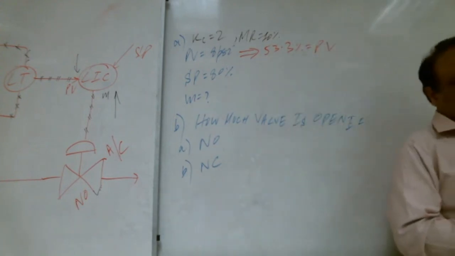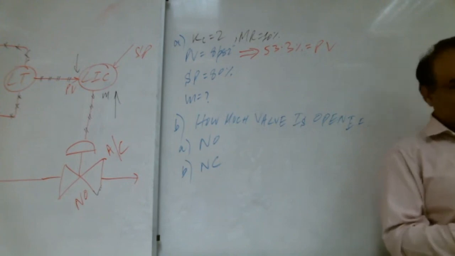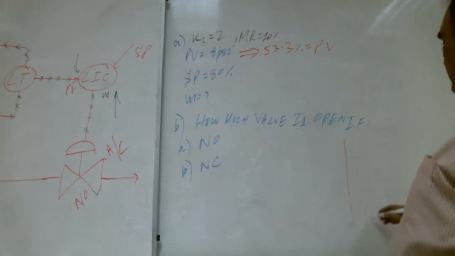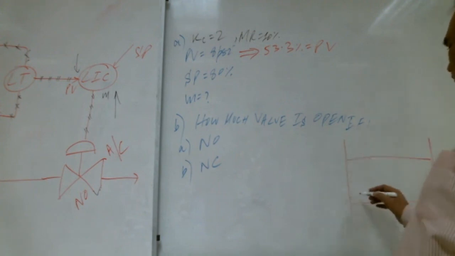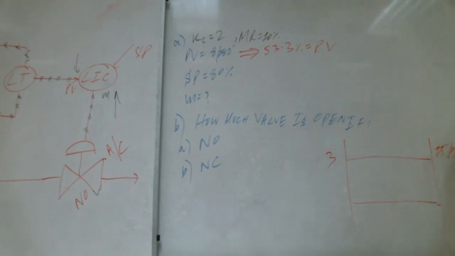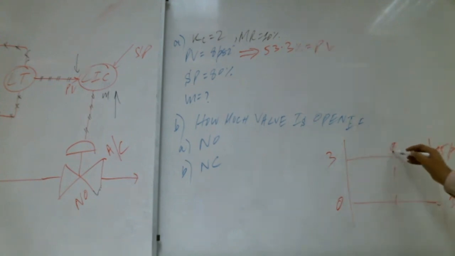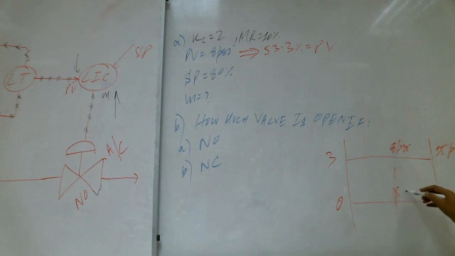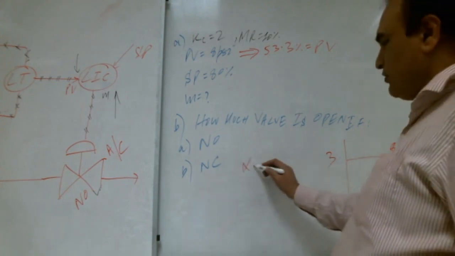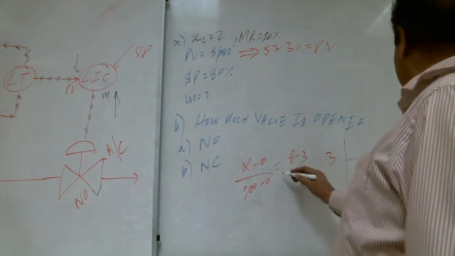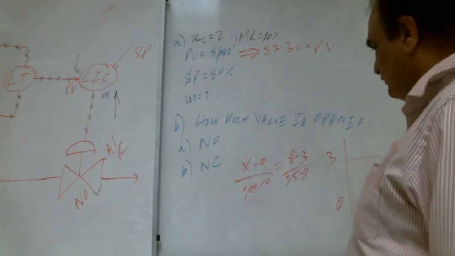Any other brother make sure? How do we calculate it? Like the two-line method, 3 to 15 psi. We already solved this question, if you guys remember. 8 psi here, x is how much? So (x minus 0) over (100 minus 0) is equal to (8 minus 3) over (15 minus 3).